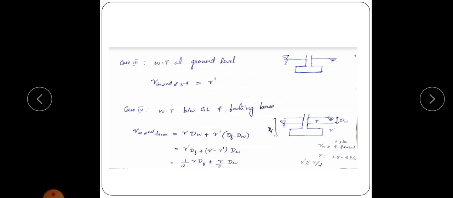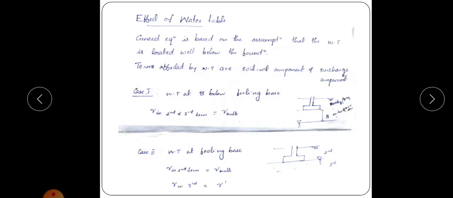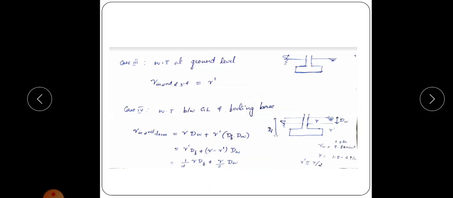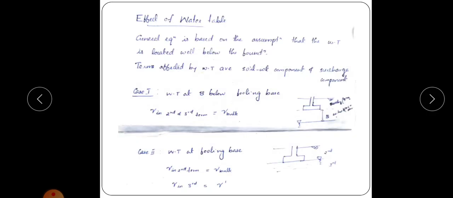Okay, so these three cases are very simple, because here it is at a depth B below the footing base, and here it is at the footing base, and here is at the ground level. So these are the three levels, that is B below the footing base, this is one level, and this is another level, and this is the last level, ground level. So in these cases, if the water table is at footing base or at ground level, you change the unit weight like that.